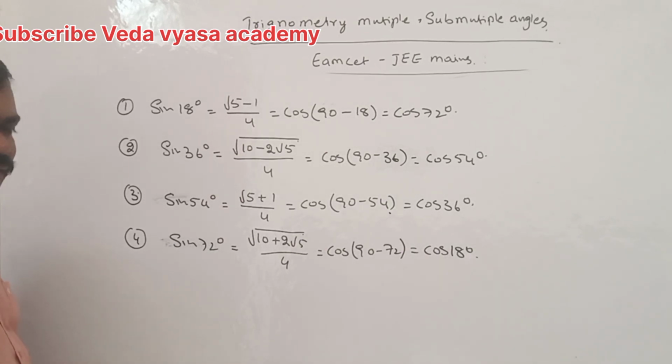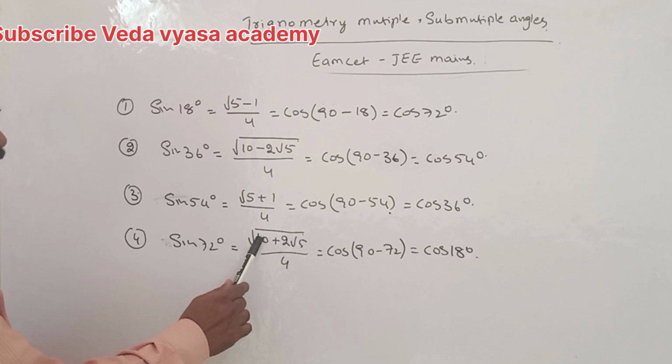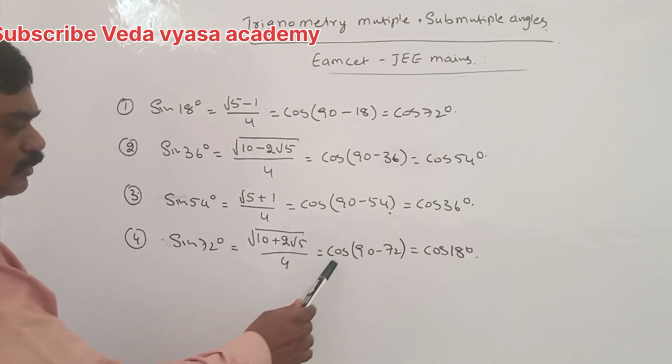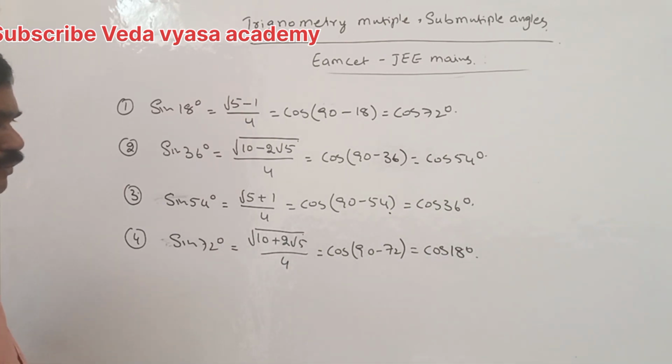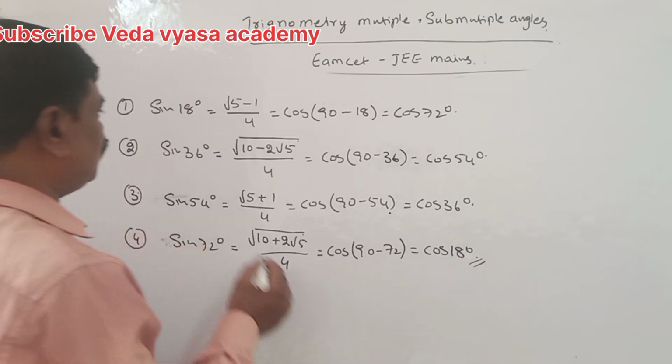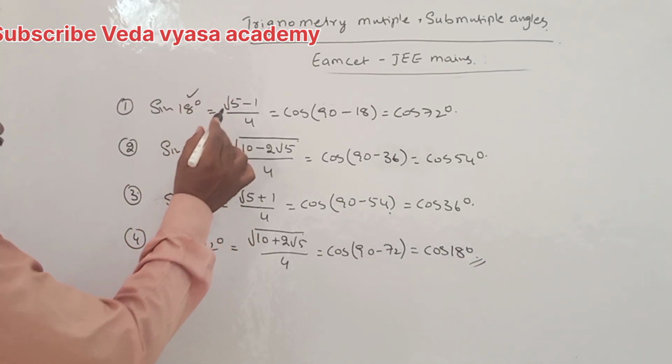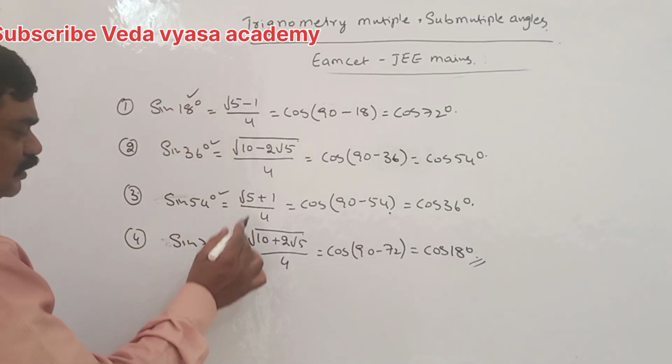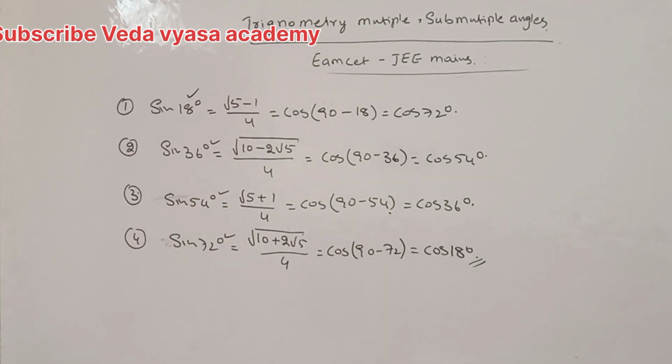Sin 72 degrees is equal to root over 10 plus 2 root 5 by 4, which is cos 18 degrees. So these are the values of 18 degrees, 36 degrees, 54 degrees, 72 degrees. Okay, all of you. That's all.